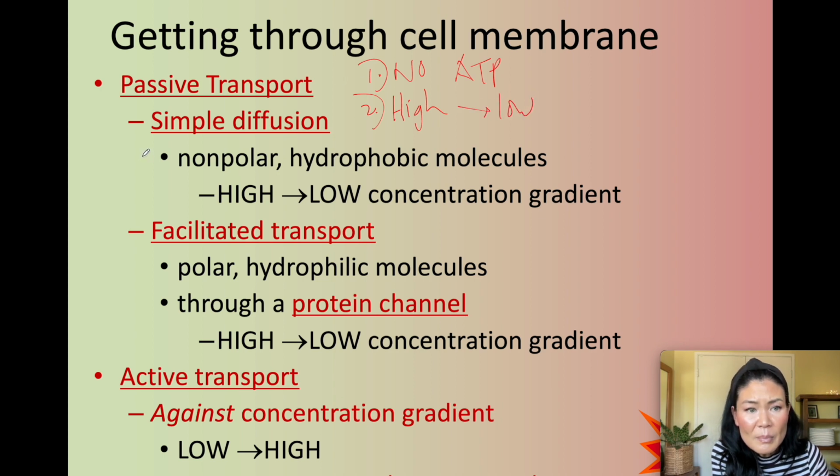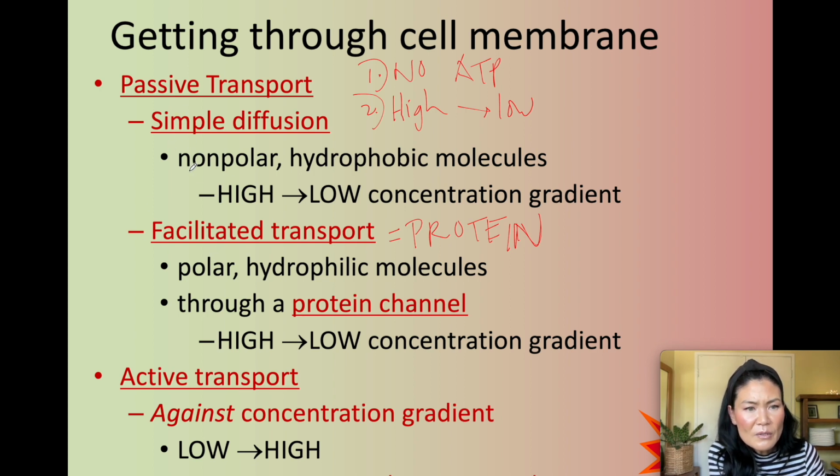Simple diffusion doesn't require a protein, whereas facilitated diffusion does require a protein. That's the only difference between simple diffusion and facilitated diffusion. Facilitated diffusion is helped by the protein, okay?